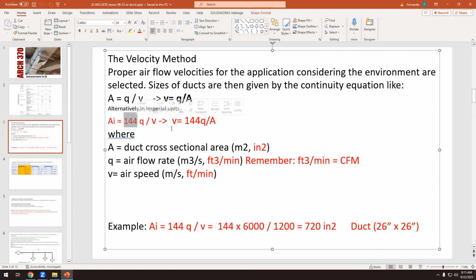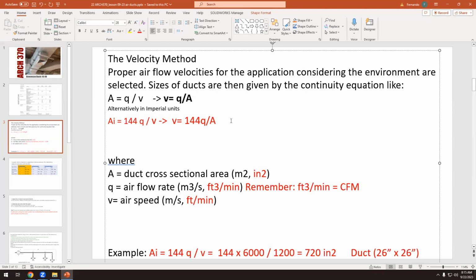Why is that 144? Because the airflow is in cubic feet per minute. Okay, and this airflow is not in volume. We have to turn this into mass, into pounds. So we know that the air density is 0.0765, I think, pounds per cubic feet.